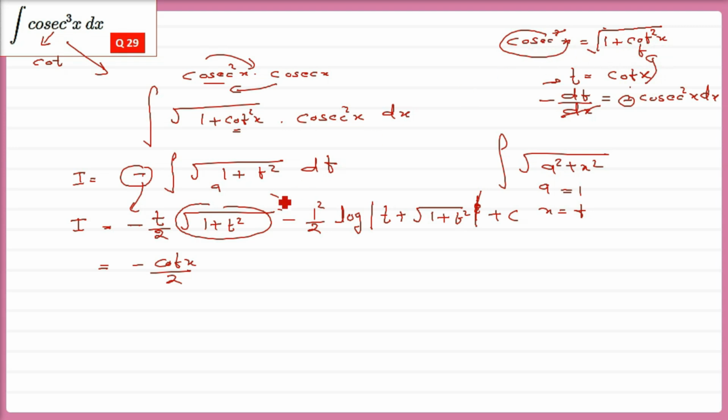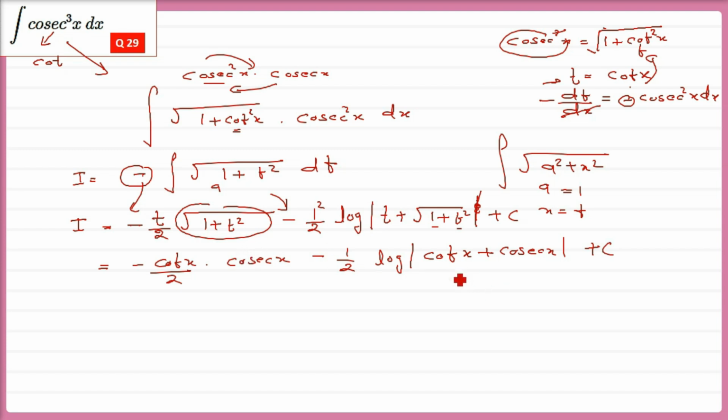It was simply cosec x only. So let's replace under root 1 plus t square as cosec x. 1 by 2 log modulus t is, of course, cot x we have taken, and under root 1 plus t square is already done, it's cosec x finally. So this will be plus cosec x inside the modulus sign plus constant of integration.